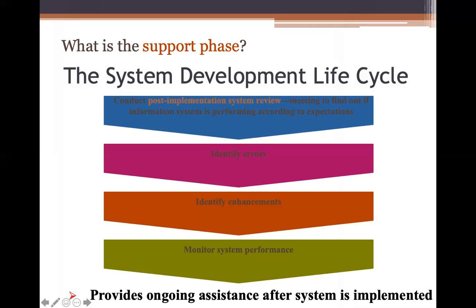So a good system development lifecycle usually goes with a support phase. After conducting the whole activities of the system, they have to identify errors, and then from the errors, they evaluate, of course, the whole procedures, and the system analysts have to think about enhancement and improvement of the system, right? And also monitoring system performance. These are the support phase of the system development lifecycle.